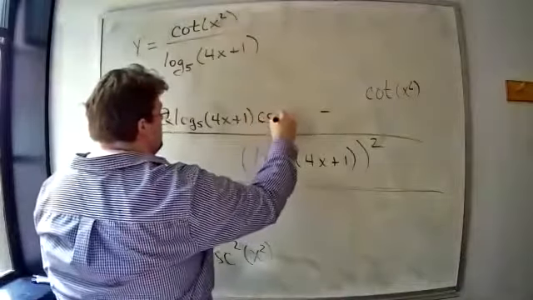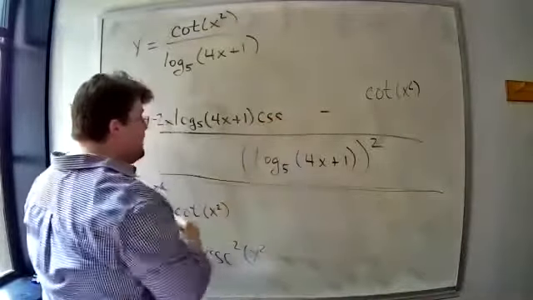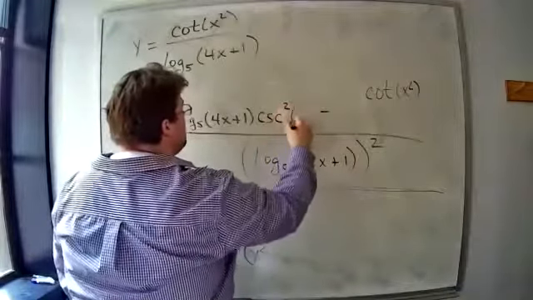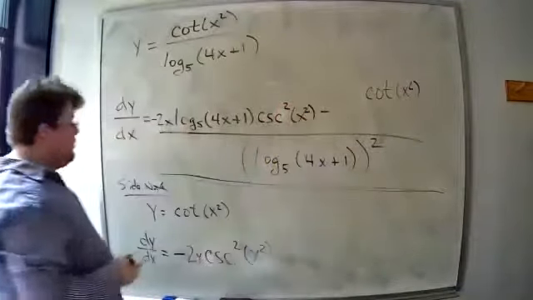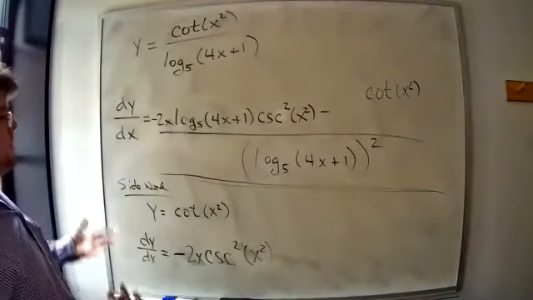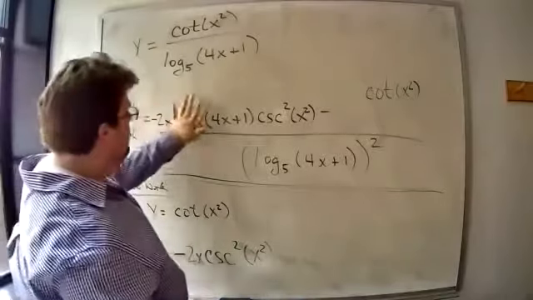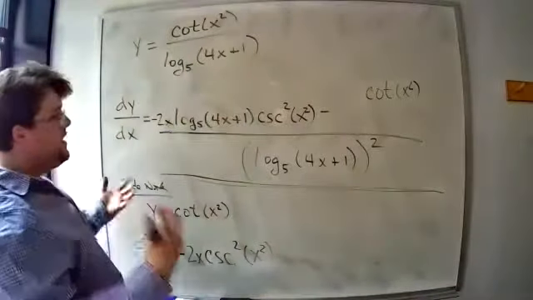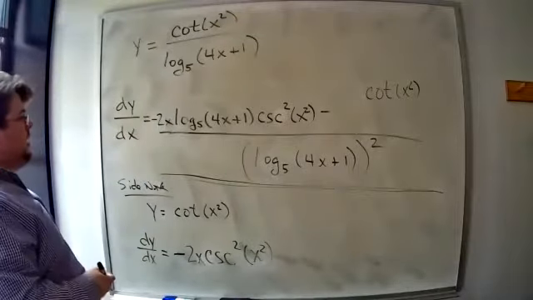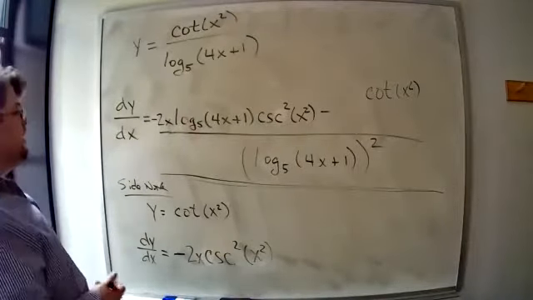So I'll just write it like this. That's not how you spell cosecant. So I put the negative 2x there, and I put the other thing there. You could, again, write log 4x plus 1 base 5, and then times negative 2x cosecant squared x squared if you want. I just wrote it like that.